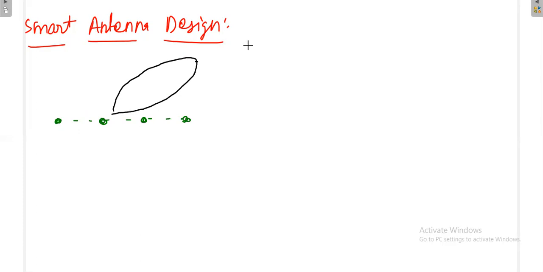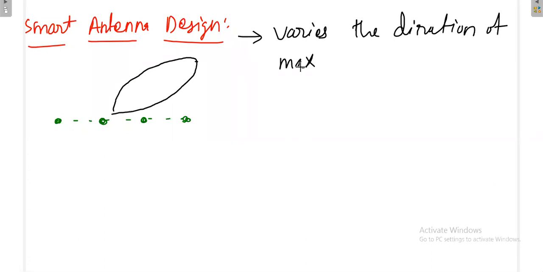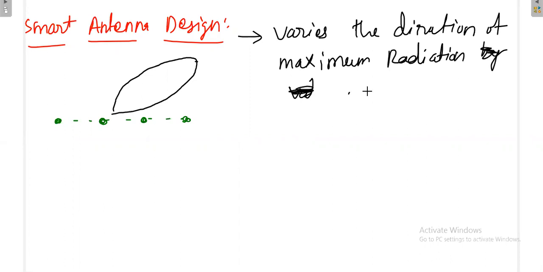So here, the aim of smart antenna design is to vary the direction of maximum radiation pattern electronically, that is, varying the current and excitation phase without making any physical adjustment.